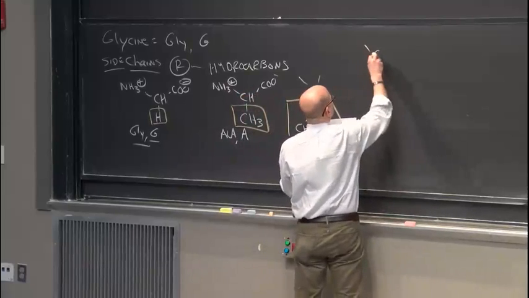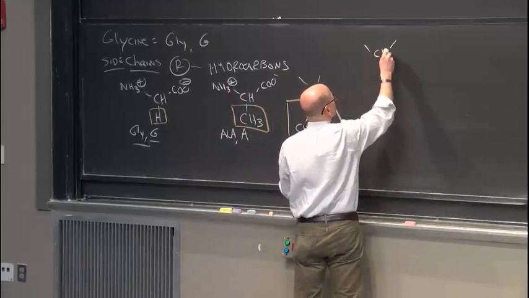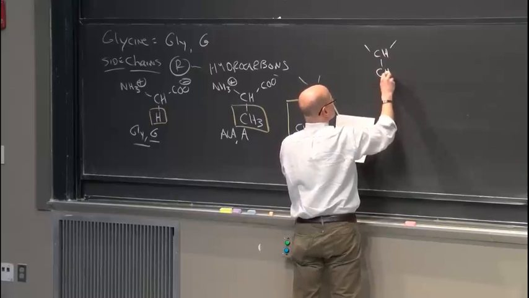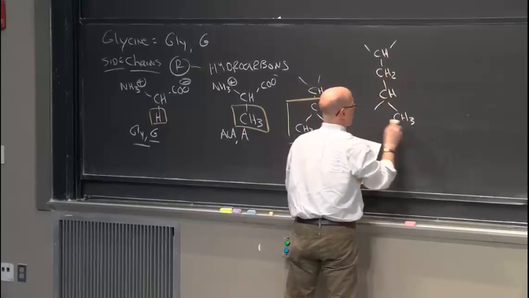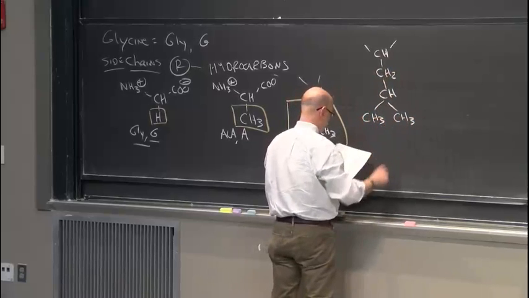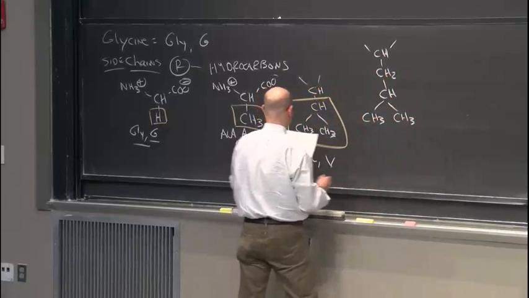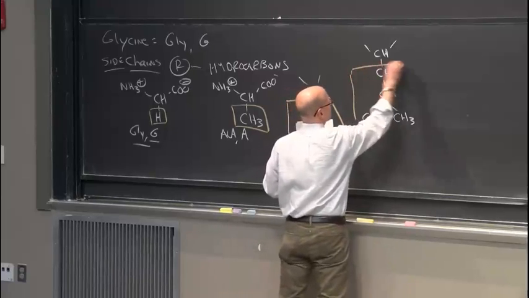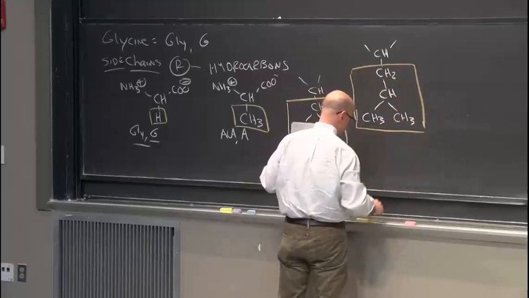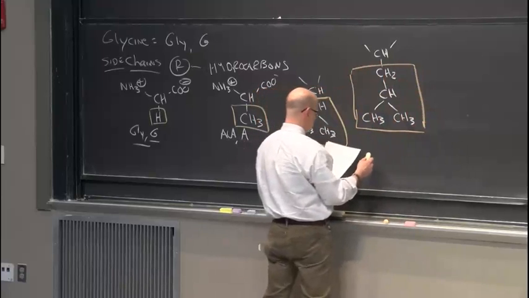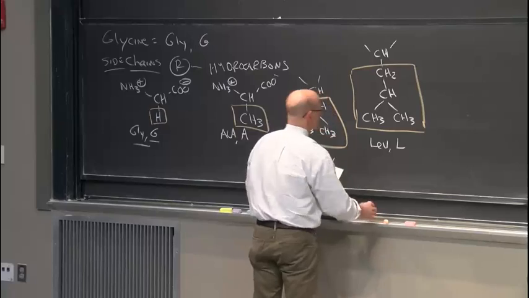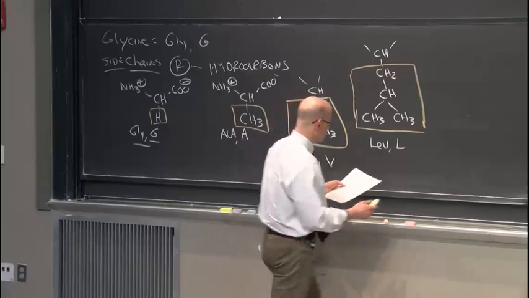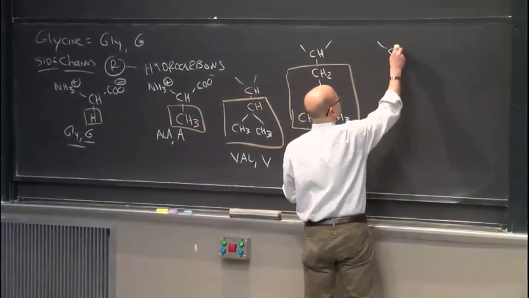I can do the same thing. And now I can do the exact same thing I did before, the only difference now being that I have extended that letter V by one methylene group, and this is called leucine, L-E-U, single letter code L. Now I can draw an isomer of leucine that looks like this.